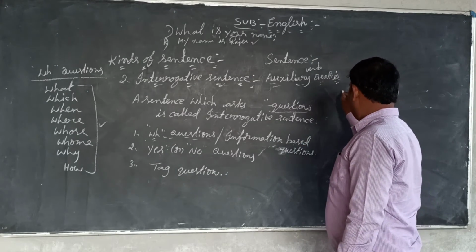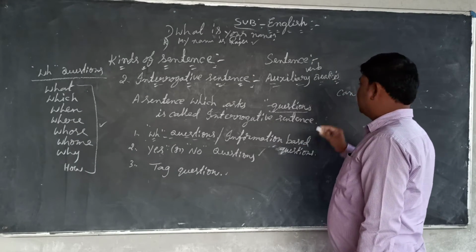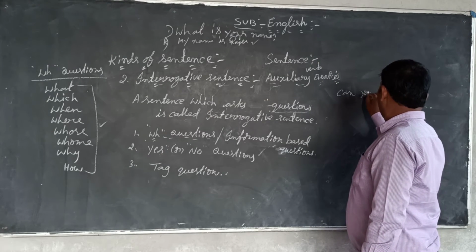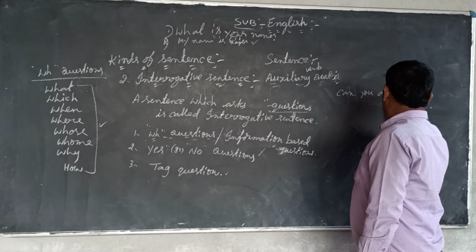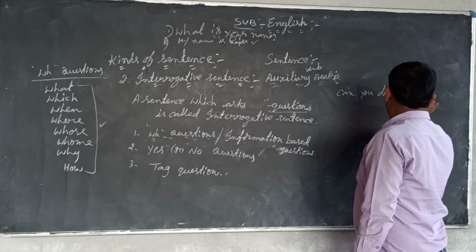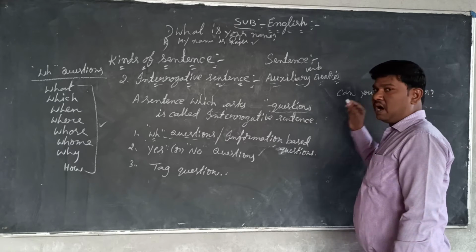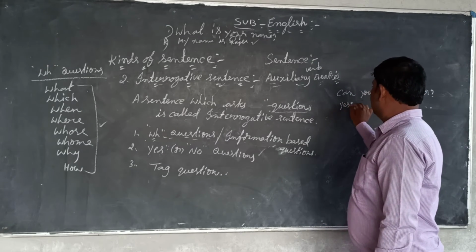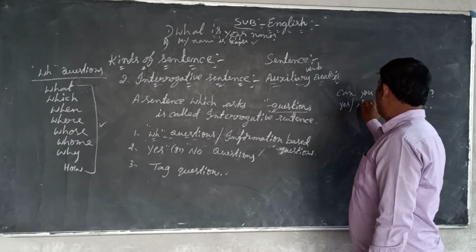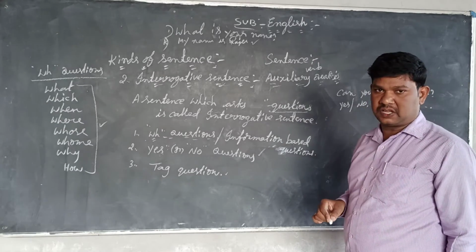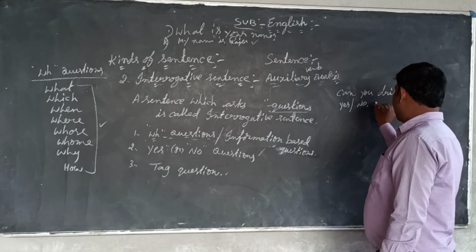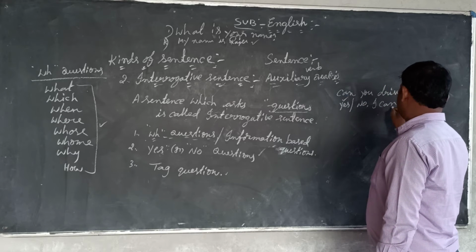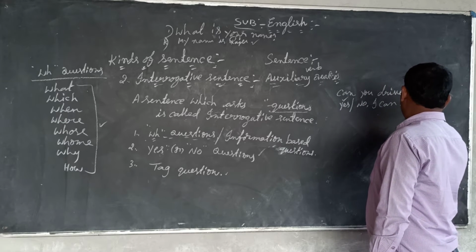For example, a question asked with auxiliary words: can you drive a car? Can you drive a car? The answer must be yes or no, and then the remaining part, I can. For example, your answer is yes: yes, I can drive a car.